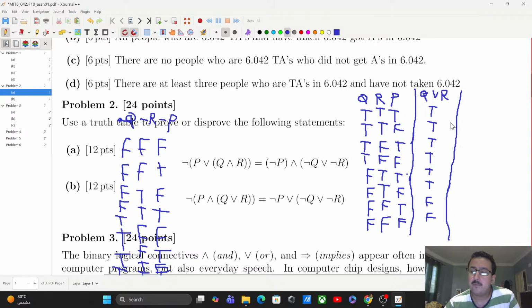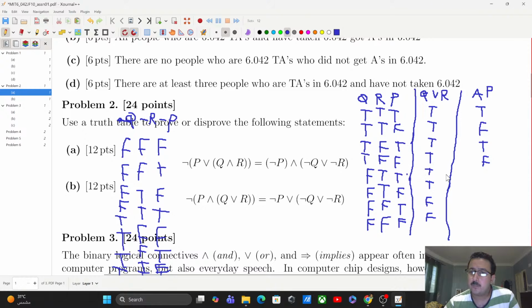What else do I have? Got and P. And P. True, false, true, false. Where are we? 1, 2, 3, 4. Okay. This is 4.